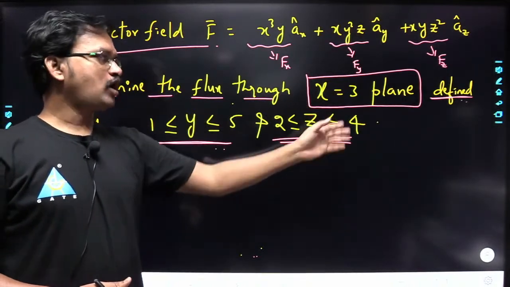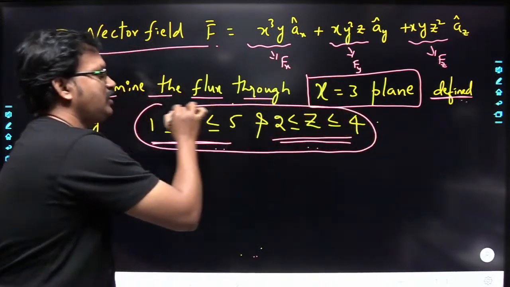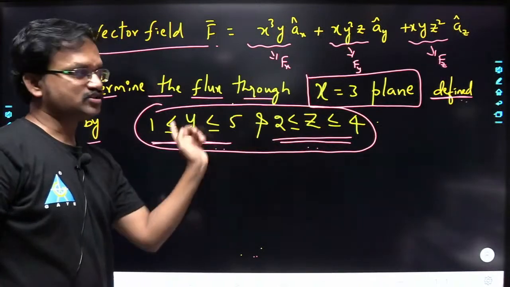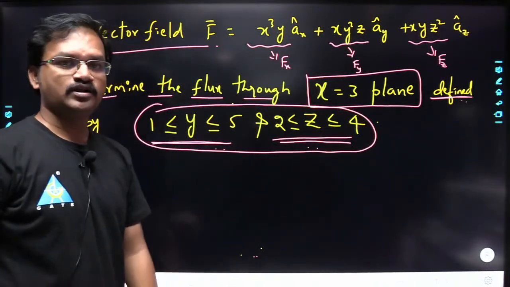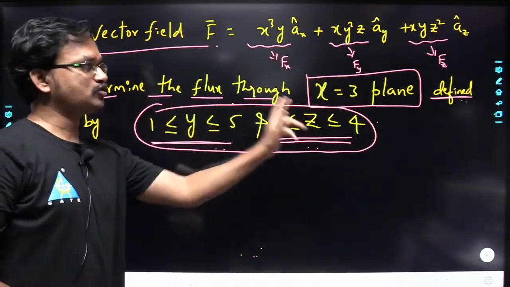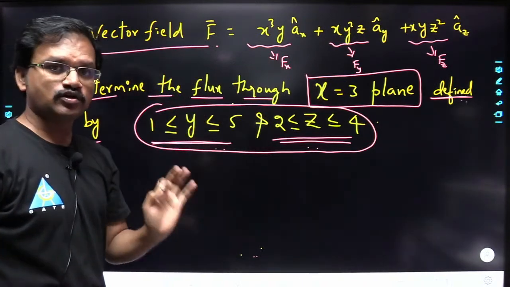Understood? So you have to consider only this region in the x equal to 3 plane, and determine the flux through this region, that means the field that is penetrating through this region. That's what you have to determine here.